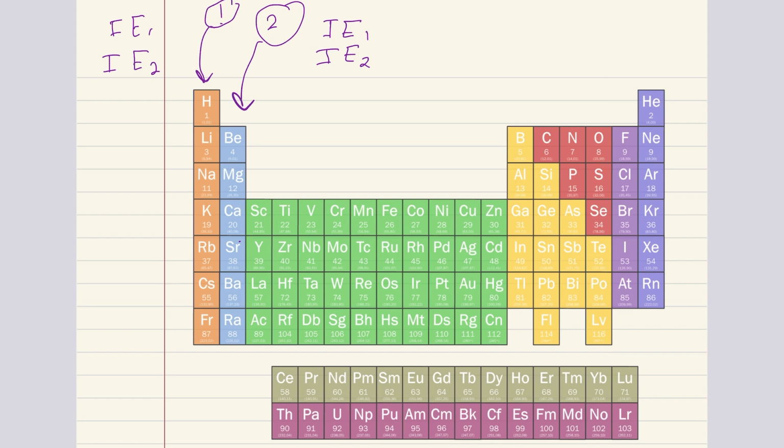Once those two valence electrons are removed, the group 2 elements achieve noble gas-like configuration. And that means attempting to remove a third electron after that requires a significant amount of energy. So for group 1 elements, the second ionization energy is extremely large. And for group 2 elements, that third ionization energy is extremely large.